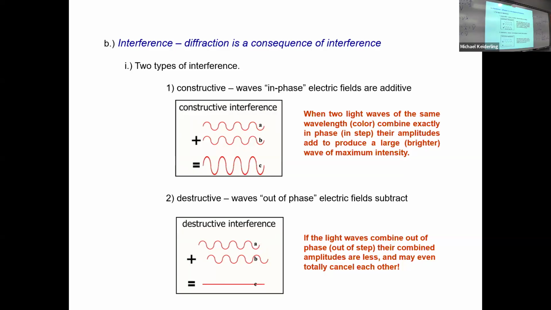If I do the pattern here with red, you see I have a large spacing. Then if I repeat this with blue or purple, it's hard to see. Turn the light off. A much smaller spacing.